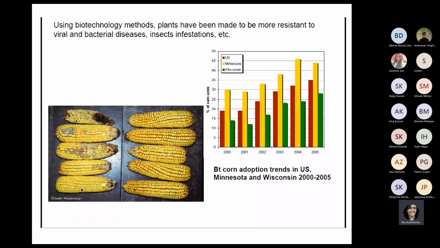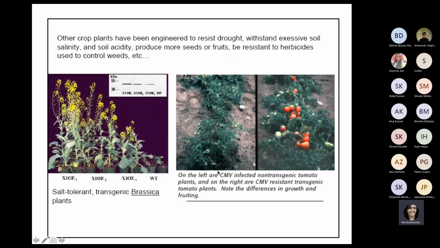So these are some beautiful figures just to show you the difference between the wild type, which you can see has been affected by a particular insect, and these insect resistant cobs. In this case, they have developed a transgenic tomato, which is resistant to virus infection.